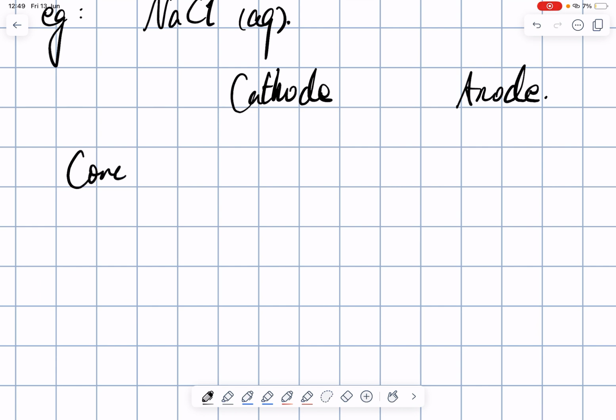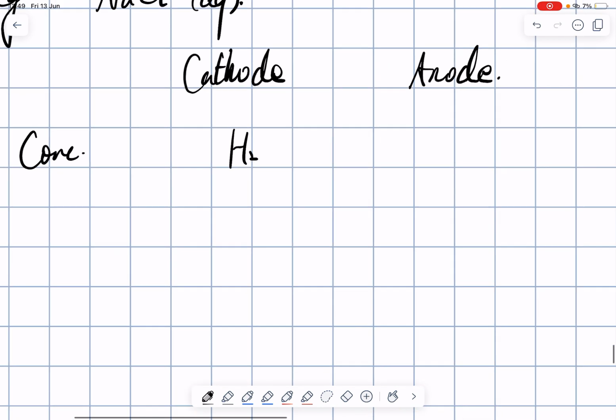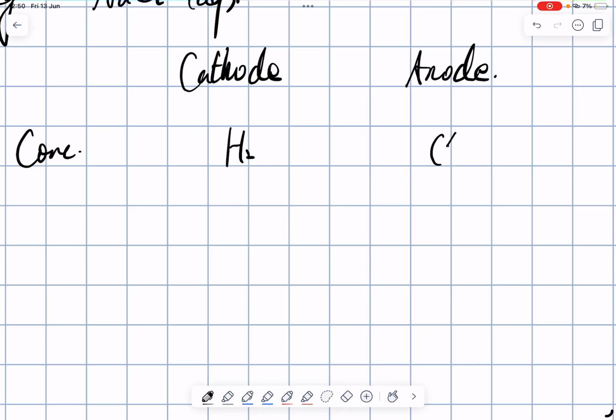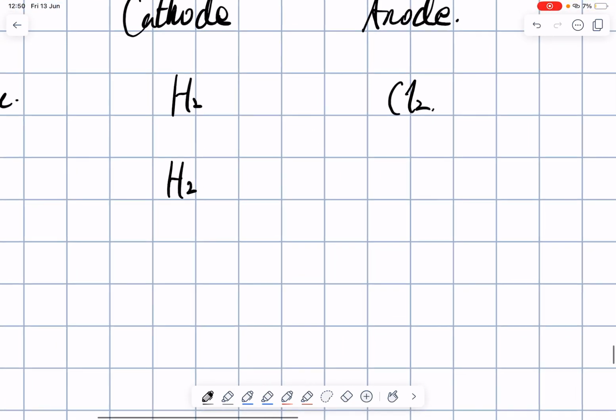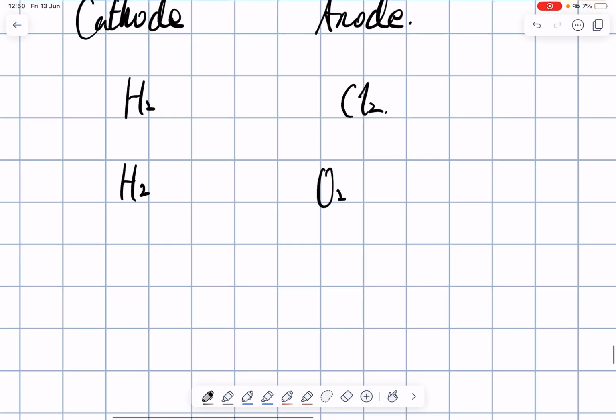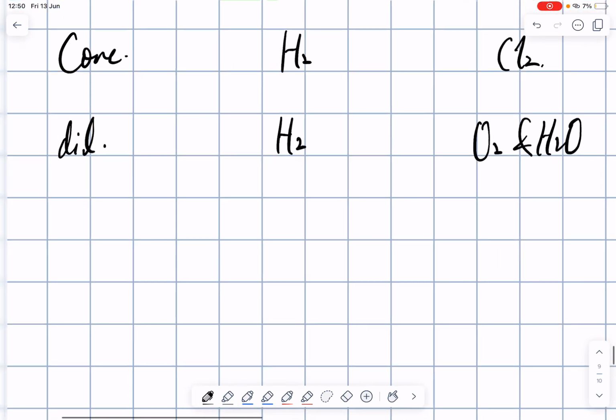When it's concentrated, hydrogen is produced at the cathode, and at the anode, chlorine is produced. When it's dilute, hydrogen is also produced at the cathode. However, oxygen and water is produced at the anode.